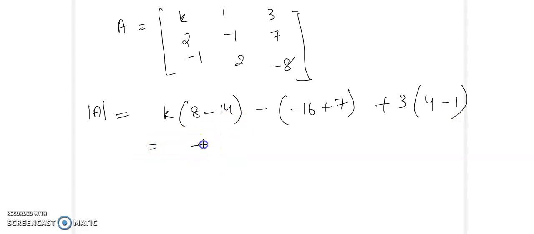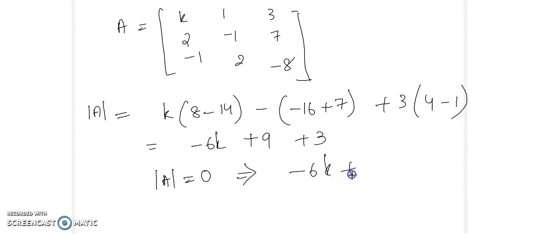So that will give minus 6k, then plus 9, then plus 3. So determinant of A equal to 0 implies minus 6k plus 12 is equal to 0. So therefore k will be equal to 2. So that is the required value of k such that the given set of constant vectors is linearly dependent.